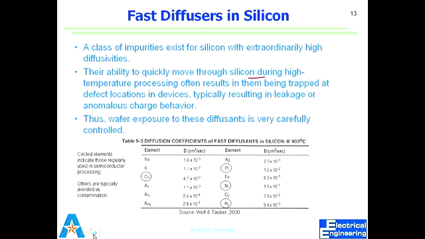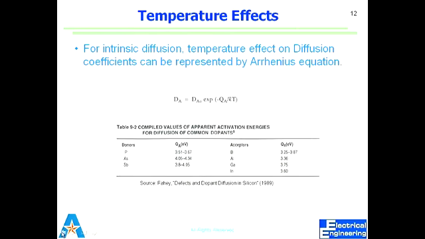What's A sub O in that equation? It's the diffusion coefficient, or any parameter we are interested in, at the base temperature. That's what we call the base case value.